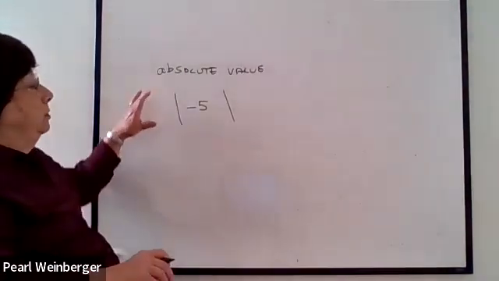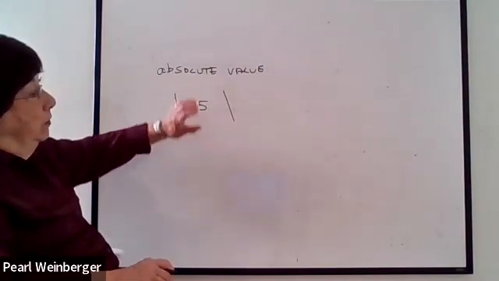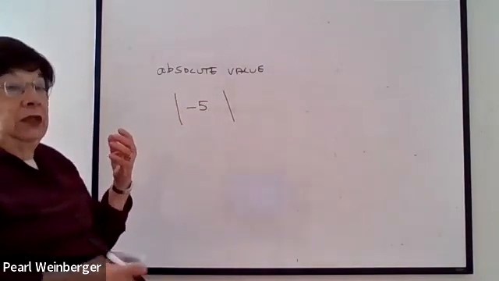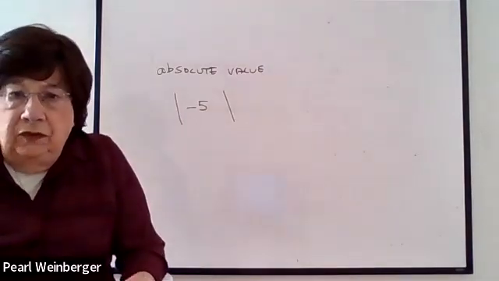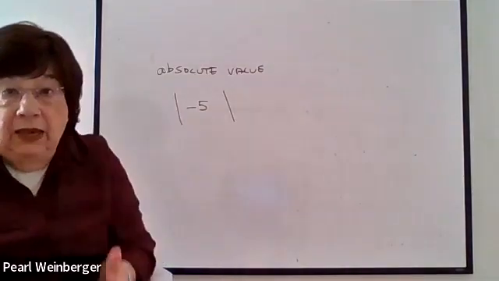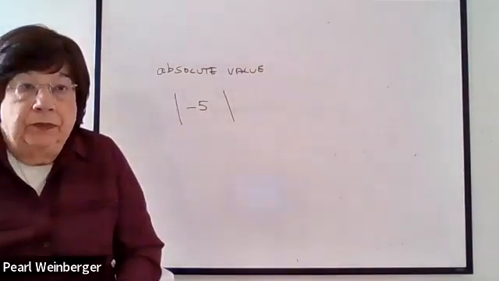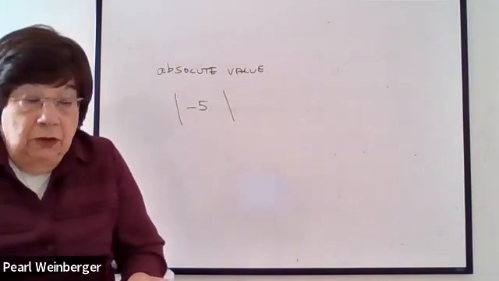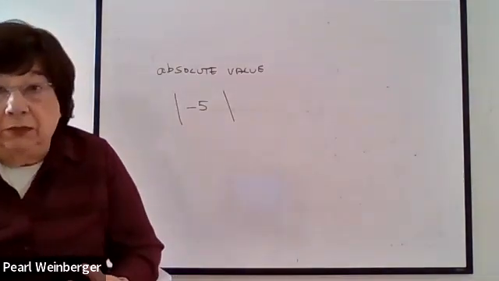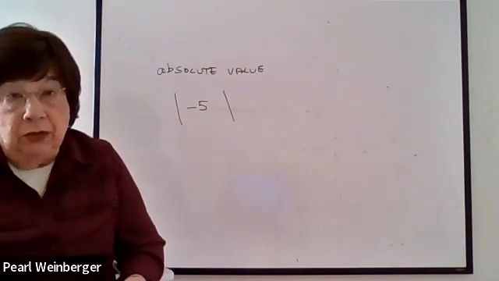Now, what does the absolute value of -5 mean? The absolute value of a number is the value of the number, not including its sign. If we understand the purpose of the sign of a number, we'll understand why we sometimes want to talk about absolute value.